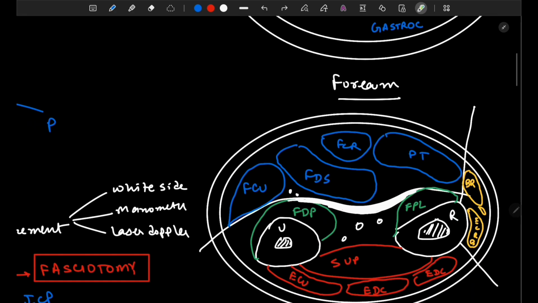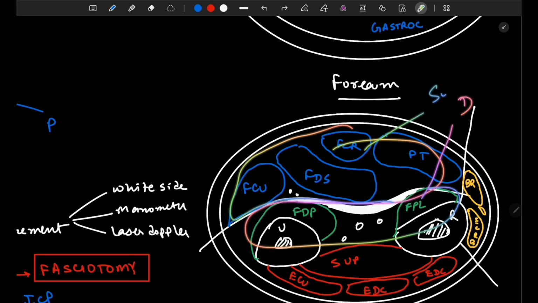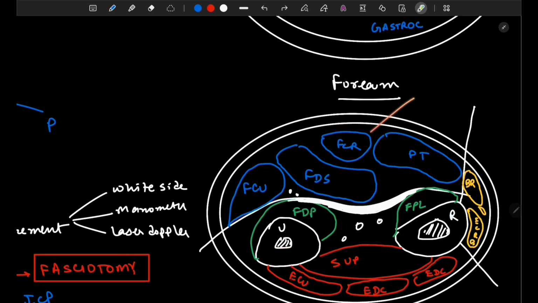Likewise, the forearm is divided into two major compartments, the volar compartment and the dorsal compartment. The volar compartment is divided into superficial and deep. The superficial compartment includes the flexor carpi radialis, flexor digitorum superficialis, pronator teres, median nerve, and the ulnar nerve. The deep compartment includes the flexor digitorum profundus, flexor pollicis longus, and the pronator quadratus.